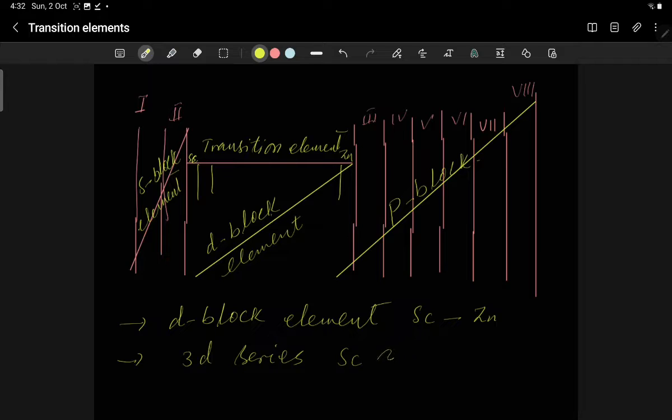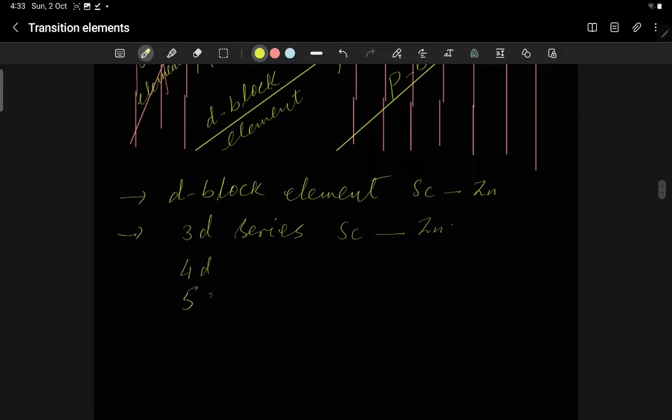In addition to the 3d series, there are also the 4d series as well as the 5d series, but these are not in the syllabus.